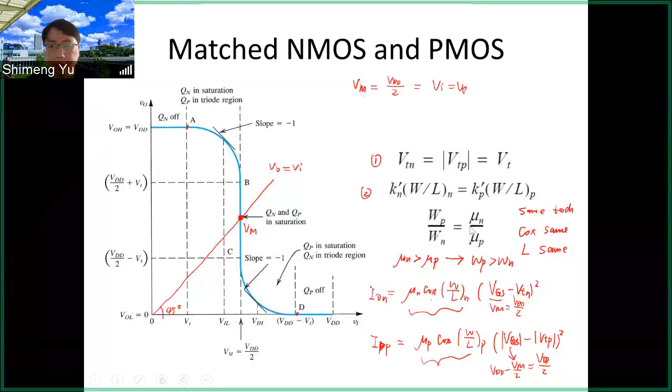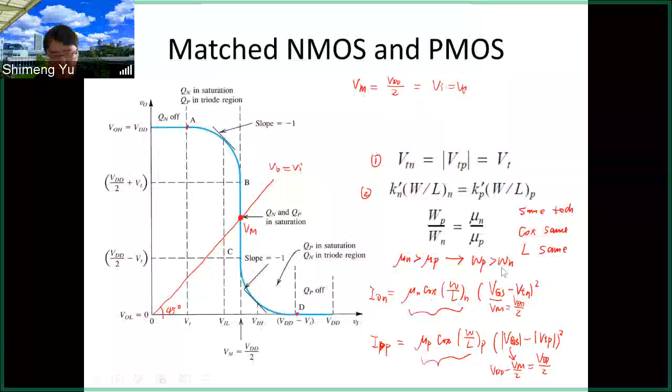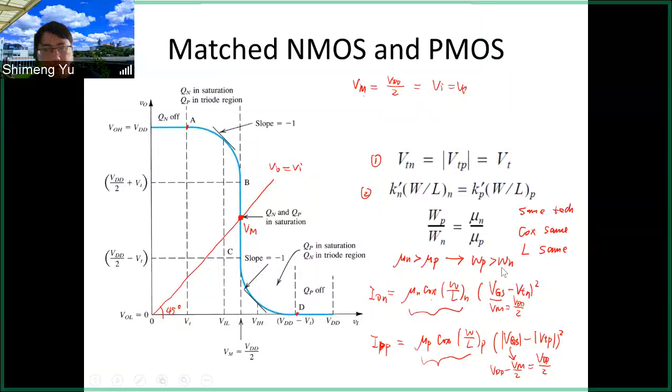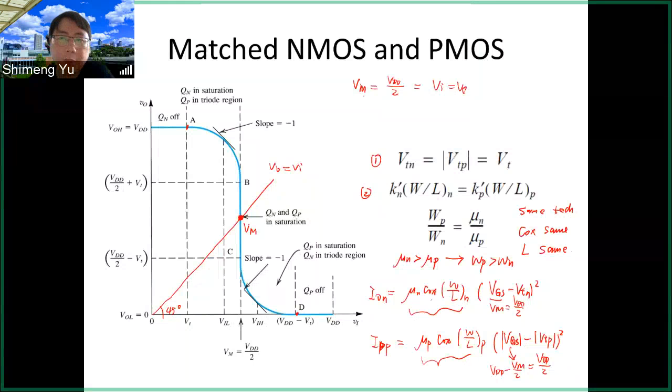Wp over Wn is mu n over mu p. Or in other words, if you want to make the CMOS inverter matched, then you have to make sure the PMOS transistor is larger than the NMOS transistor in terms of the transistor width, W. So this is generally true for the digital circuit. Usually the PMOS needs to be wider than the NMOS if you want to make the matched condition.